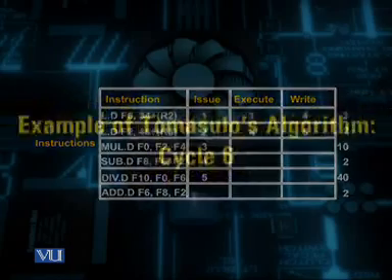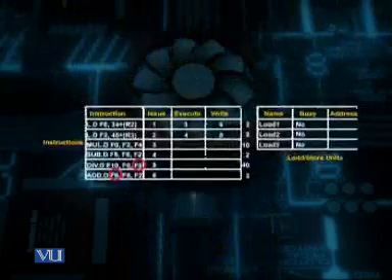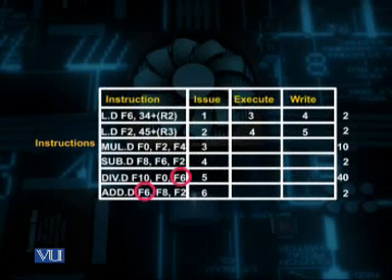In the sixth clock cycle, you can see that the add instruction has been issued, whereas the other instructions are in the process of execution, or they are waiting for their required operands.